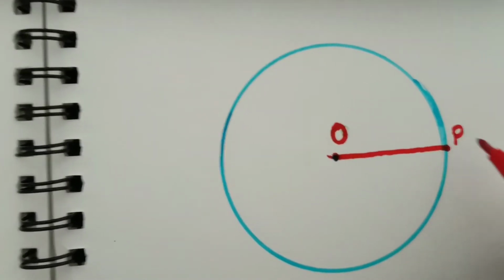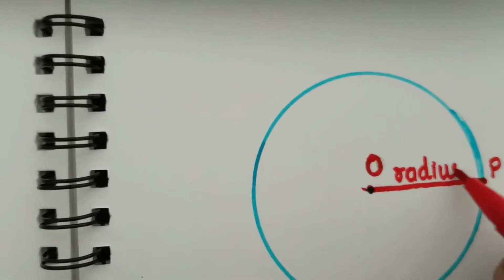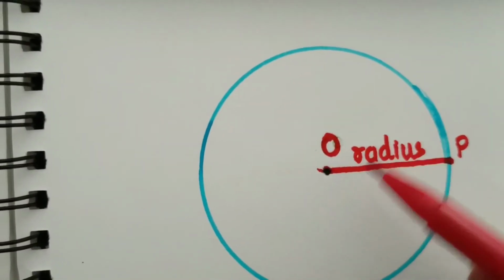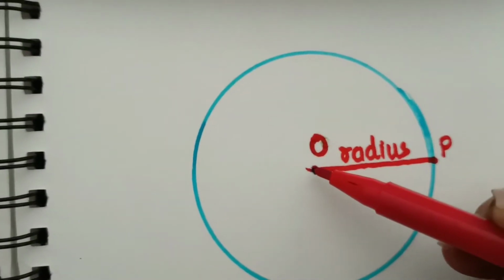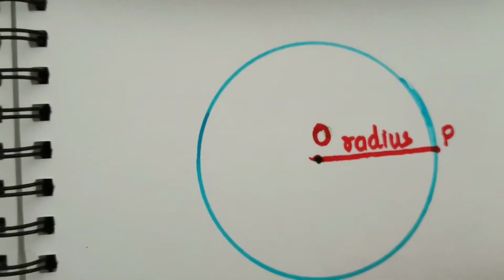I'll name this OP. So OP is the radius of the circle. We can draw as many radii as we want. Even if I draw from this point to any point on the circle, it becomes a radius of the circle.